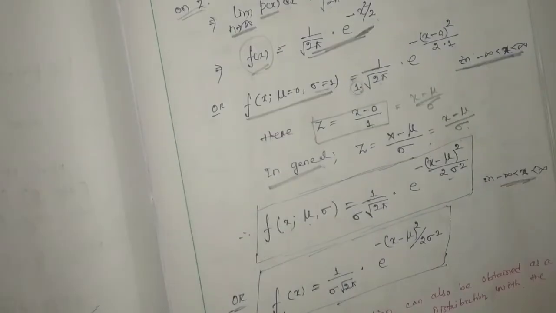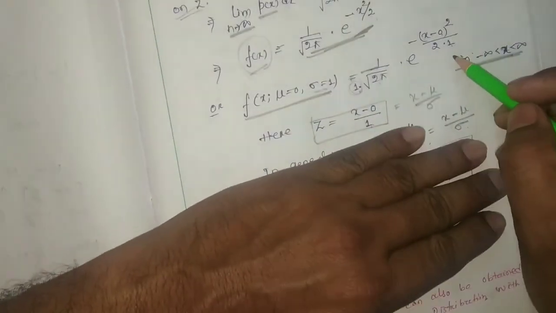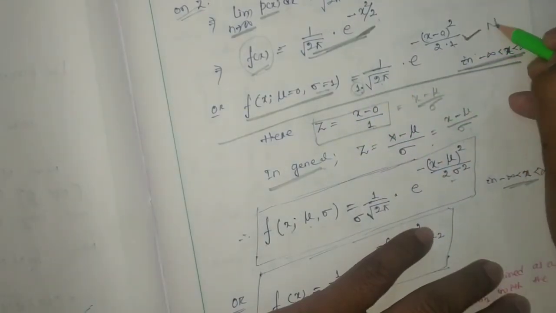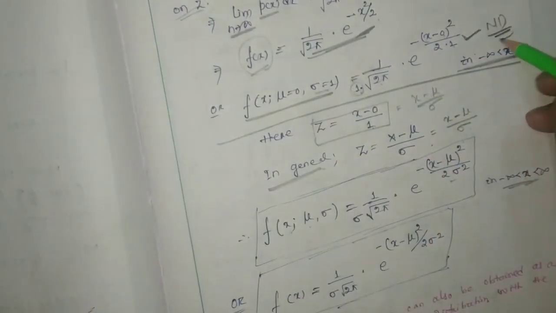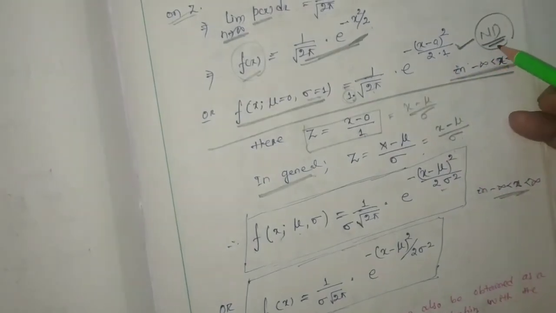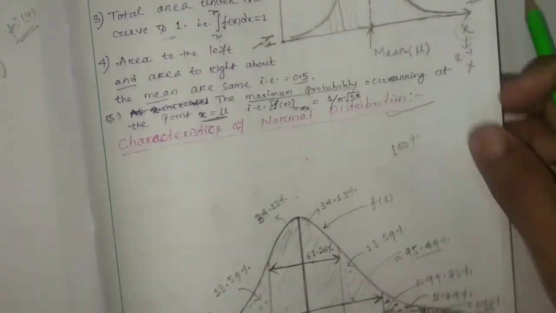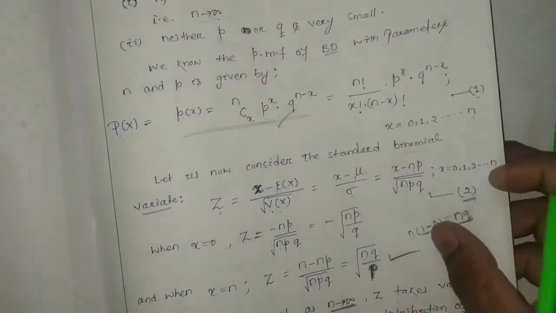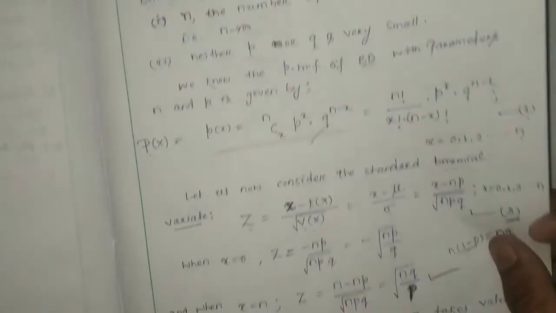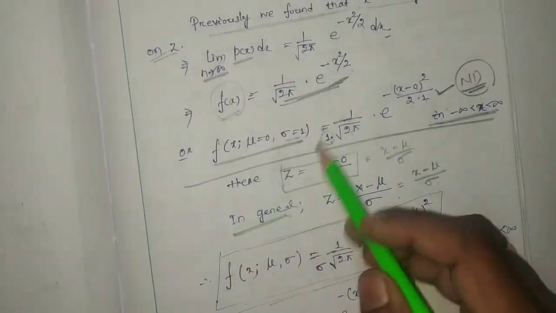So here you can see that what we got is nothing but the normal distribution itself. You can write this as the proof that the binomial distribution, under the condition that n tends to infinity and p and q are not very small, follows the normal distribution.